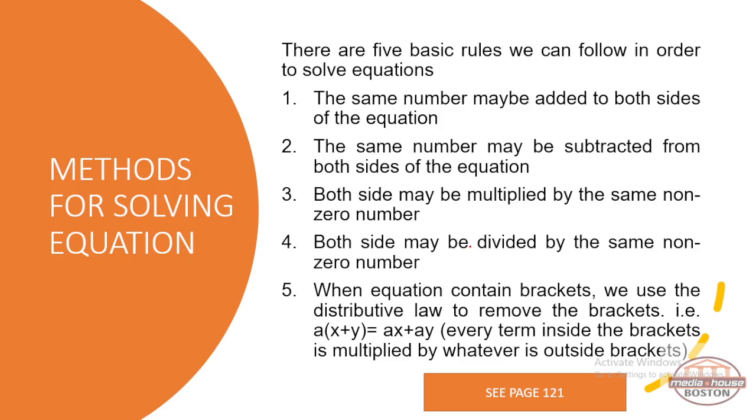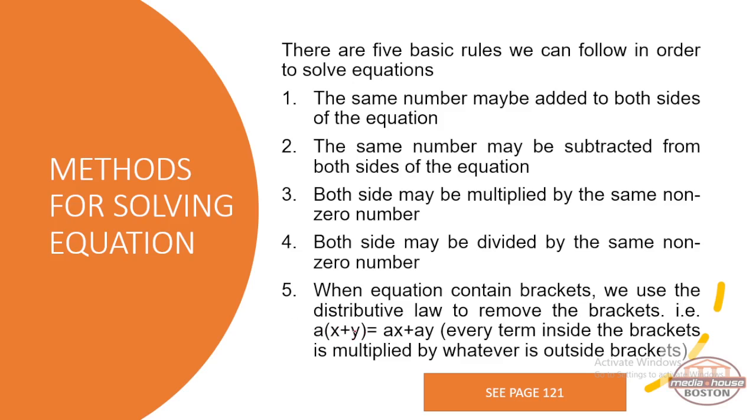And the last one is to apply the distributive law if we have brackets within our equation. The distributive law says that if we have a number outside the brackets and an expression inside the brackets, that number will multiply everything inside that bracket. An example is as follows: a multiplying in brackets x plus y.